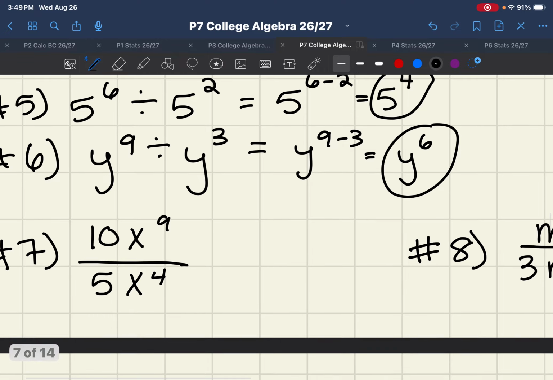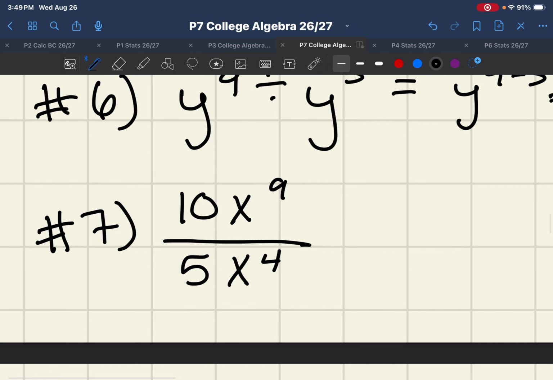Now what if I have coefficients? And instead of a division symbol, I have the fraction bar. So this says 10x to the 9th over 5x to the 4th. That's the same as saying 10x to the 9th divided by 5x to the 4th. So since I'm dividing, I'm going to treat these coefficients as if we are dividing. Okay, so 10 divided by 5 is 2.